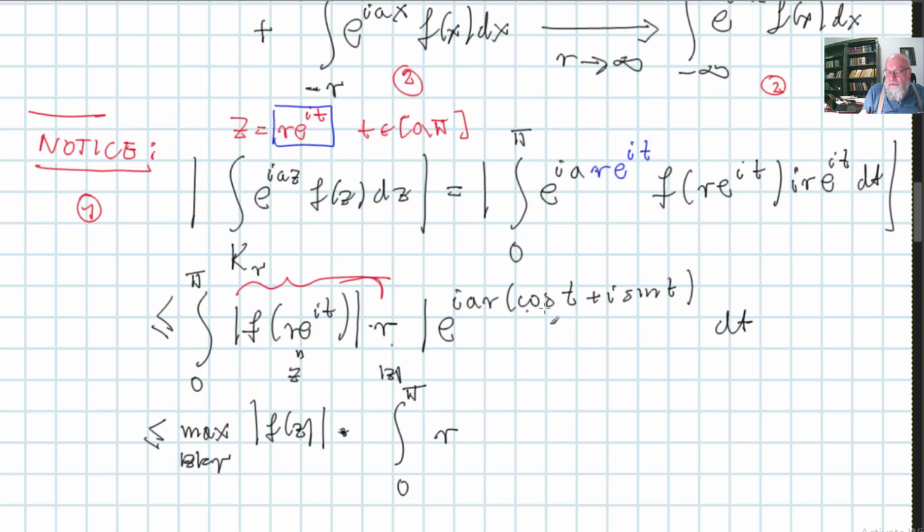And notice that only this is a modulus. So here only the real part plays a role. The imaginary part gives you 1 for that number.